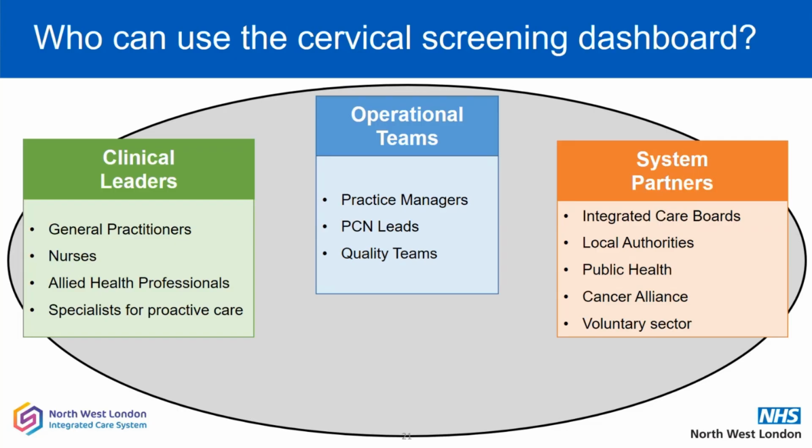But we can also use it with clinical leaders, for our clinicians, GPs and nurses, to identify patients for proactive care. On the other side, our system partners like our ICBs, local authorities, public health and cancer alliances can draw on it for assurance and planning.